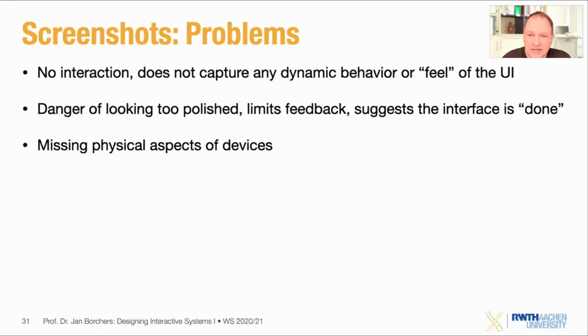So that needs to be related carefully, especially to your investors or management. As you guys were pointing out earlier, we're missing the physical aspects of any devices, right? We need to get to that in hardware prototyping a little later.